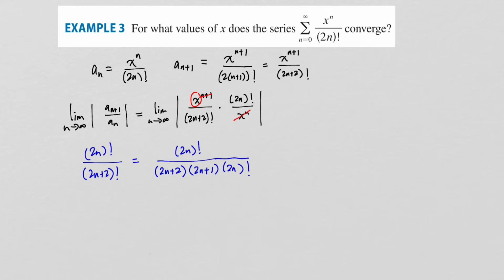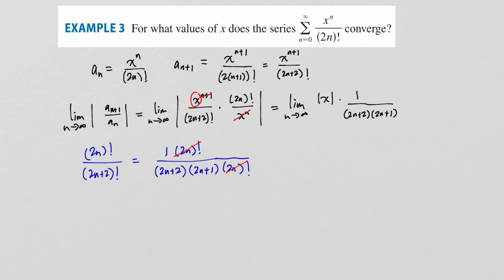Now, why do I do that? Well, because I can see that I have a 2n factorial in the numerator, and so those are going to cancel out, and of course we have a 1 left over on top. So this becomes the limit as n goes to infinity of the absolute value of x times 1 over 2n plus 2 times 2n plus 1.